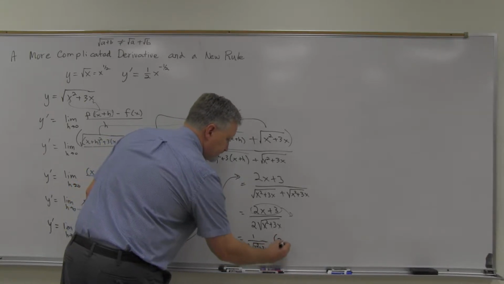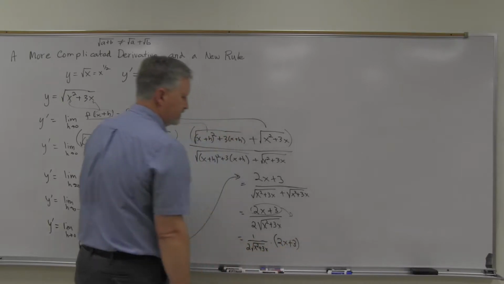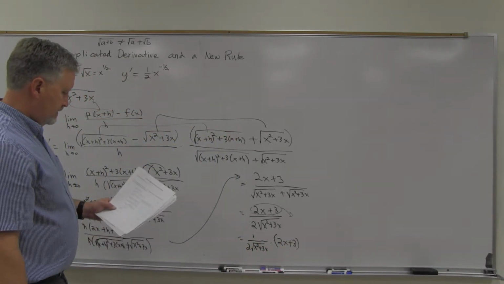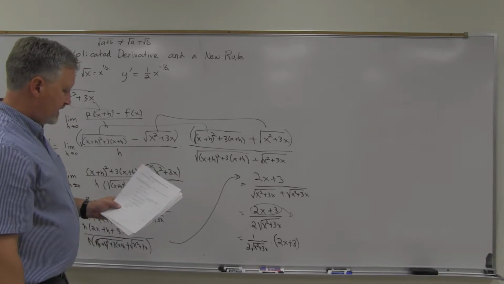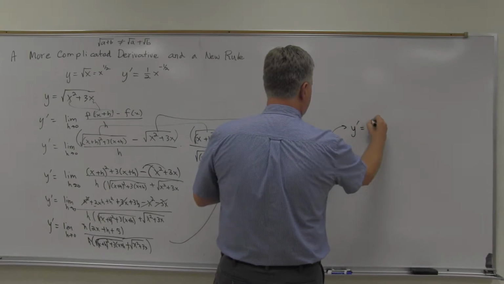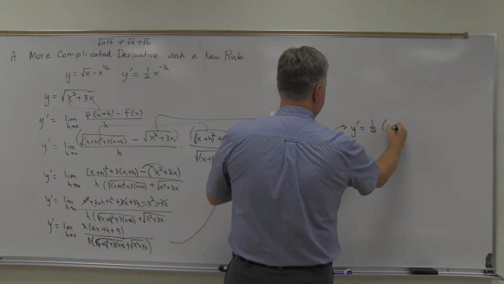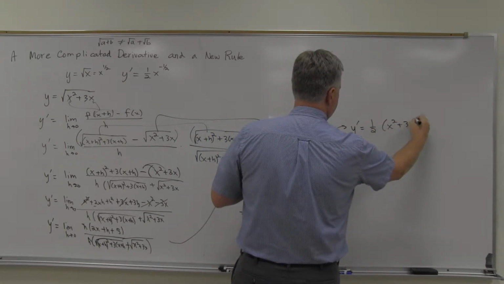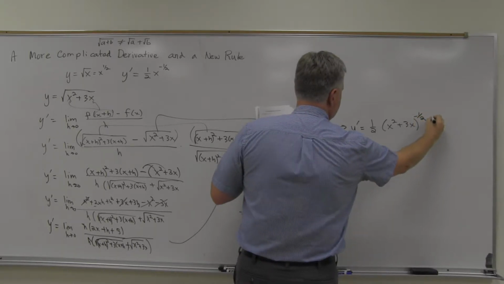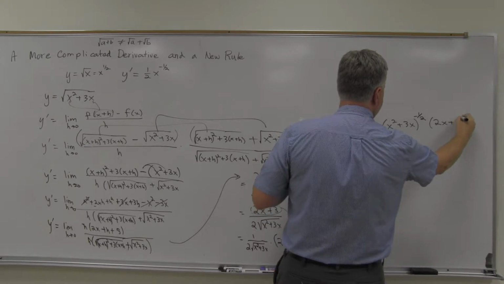But I pulled that 2x plus 3 over. And then for line 10, here's what I get. Y prime equals 1/2 times x squared plus 3x to the minus 1/2 times 2x plus 3.